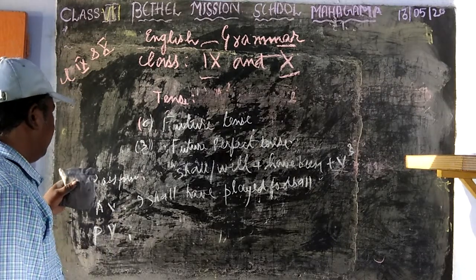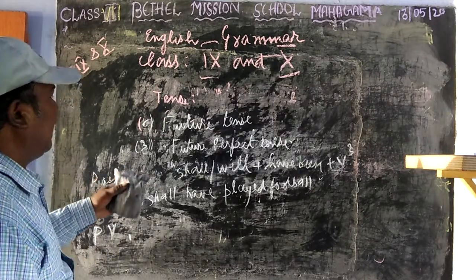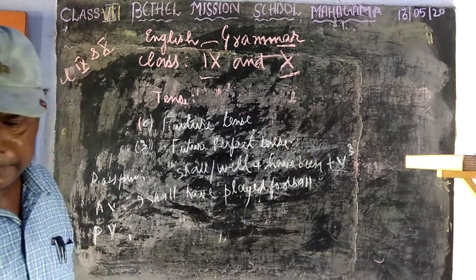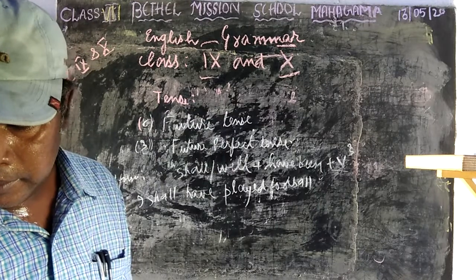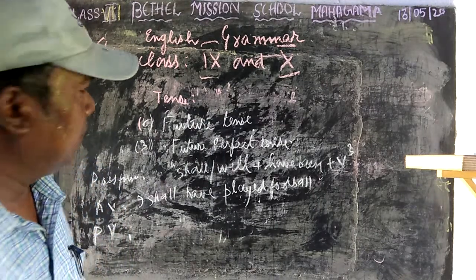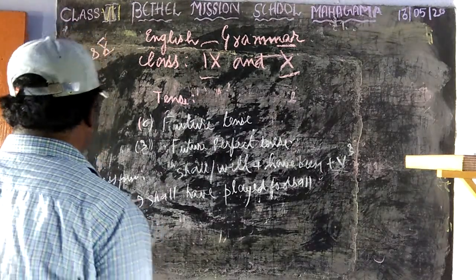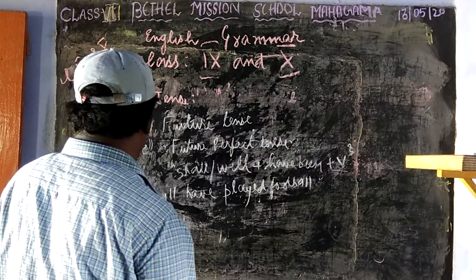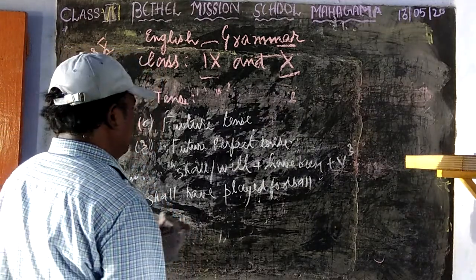Now in passive form we write shall, will plus have been plus V3. In passive voice, what do you write?